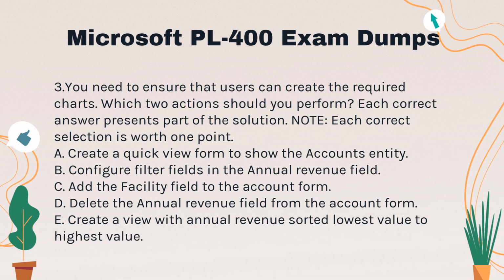B. Configure filter fields in the annual revenue field. C. Add the facility field to the account form. D. Delete the annual revenue field from the account form. E. Create a view with annual revenue sorted lowest value to highest value.